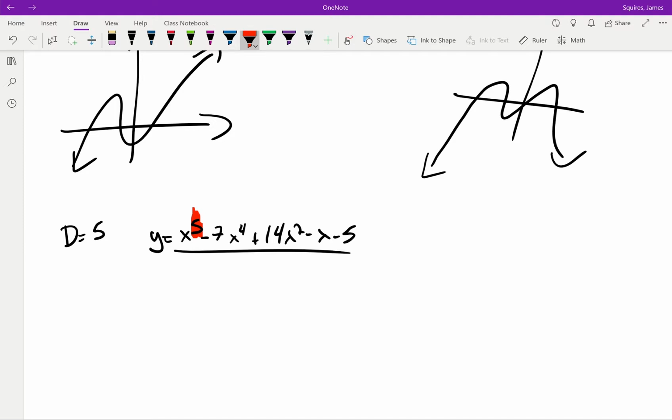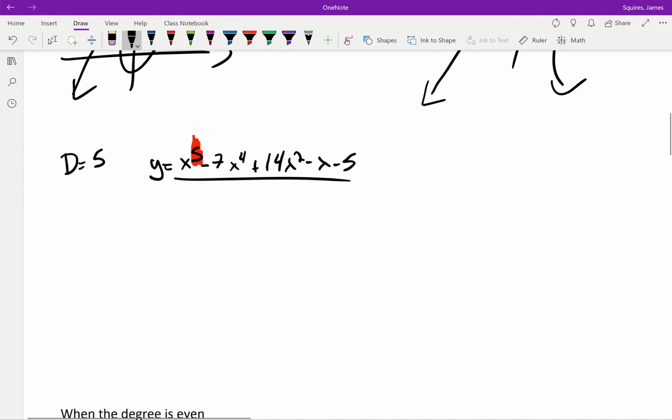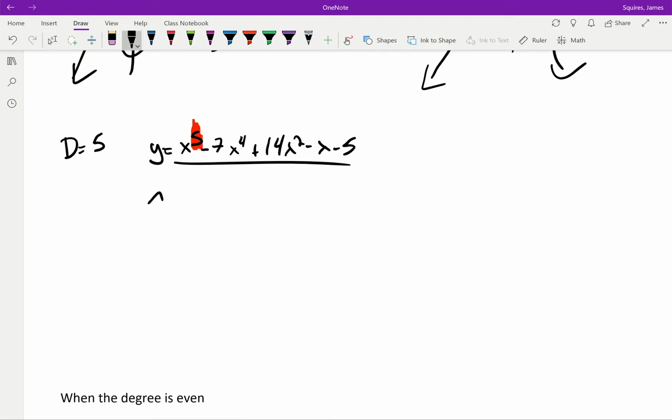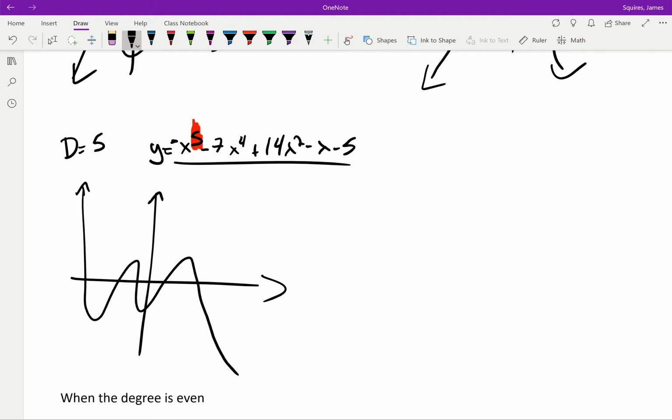That is the largest exponent value of our x terms. So if we were to graph this, let's make this a negative x to the 5th. That's going to start in the upper left hand corner and end in the lower right hand corner.